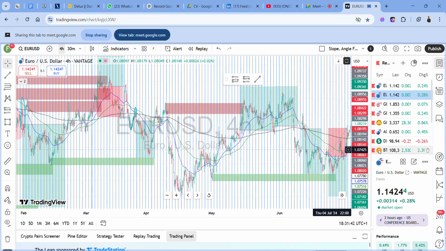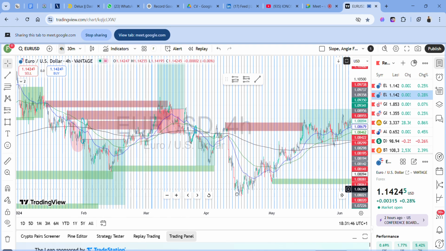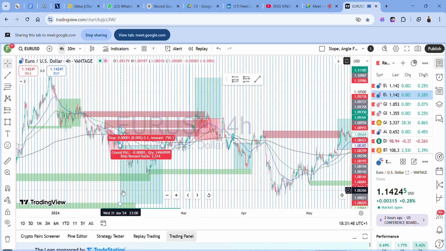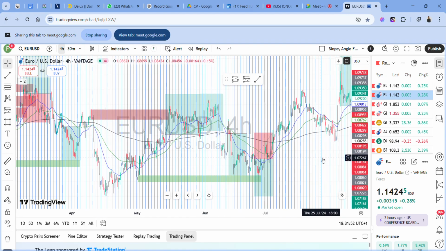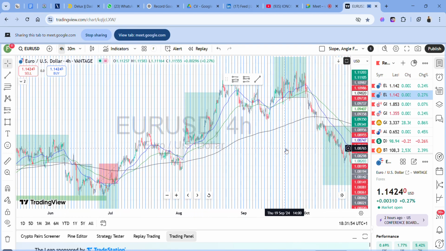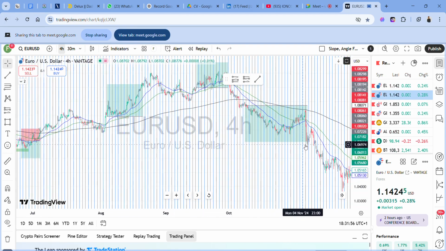So out of 10 trades we took, within a span of how long was the first entry? From January 24th, 2024 till November 5th, 2024.